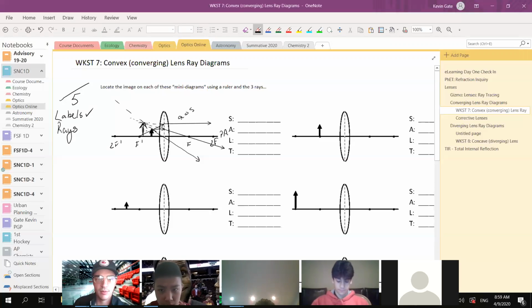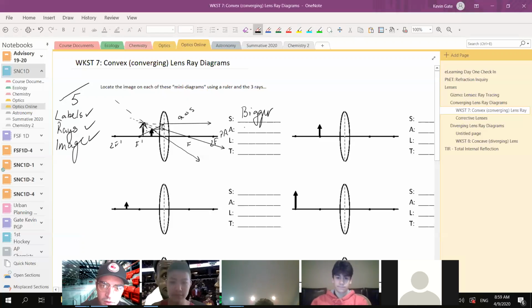And so we have a magnified image, don't we? Is this a real or virtual image, gentlemen? Virtual. Okay, so we've got our rays. We've got our image. What about our size? Is it bigger or smaller? Bigger. Attitude.